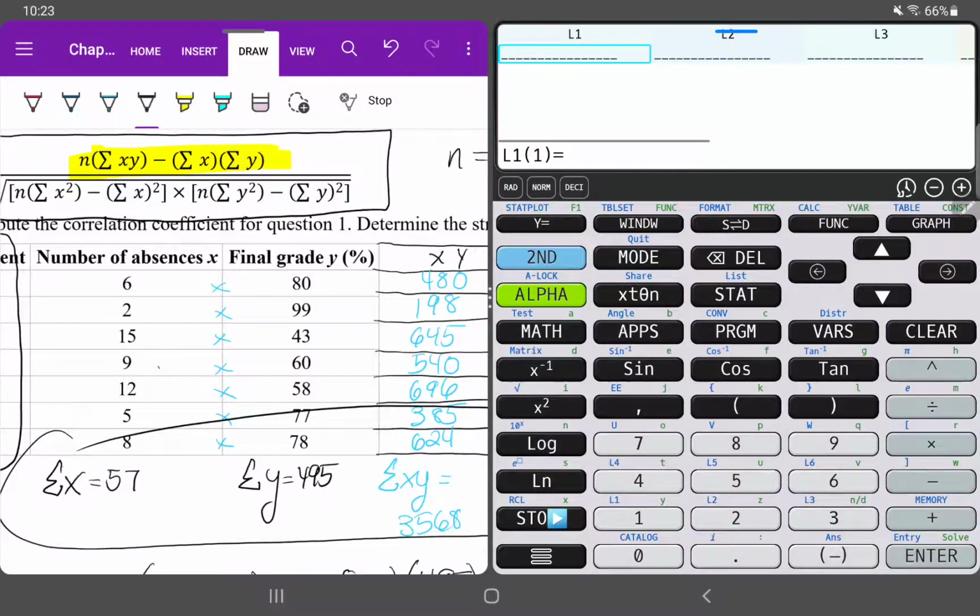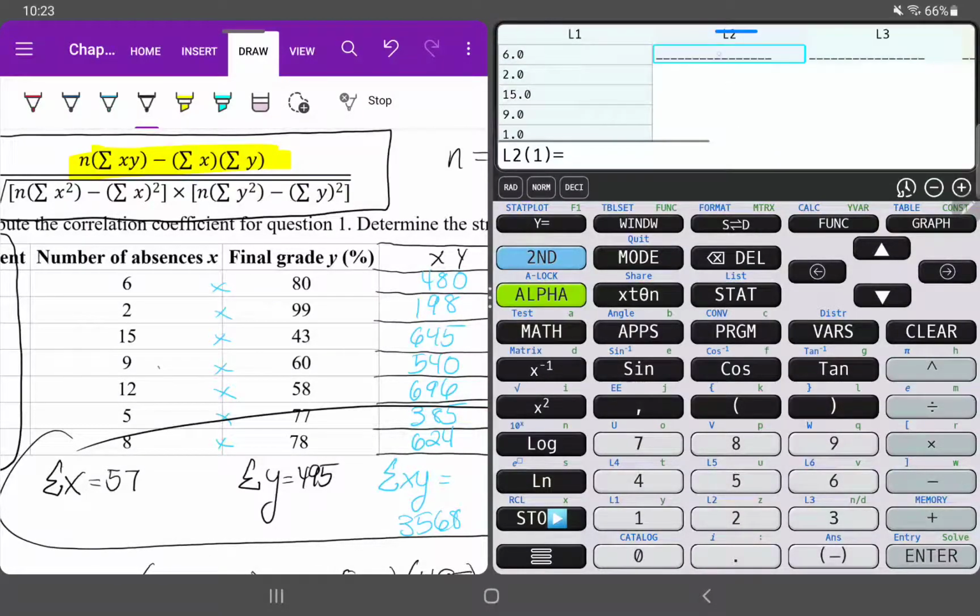Now, in list 1, put all your X values. So 6, 2, 15, delete that, 9, 12, 5, and 8.